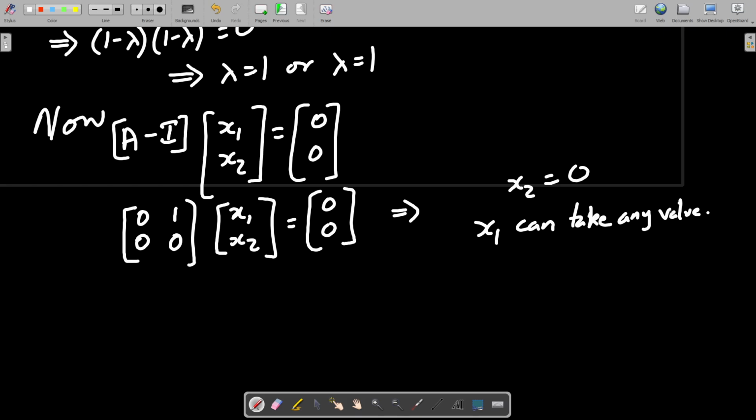So the eigenvector will be, put any number which you feel like putting.